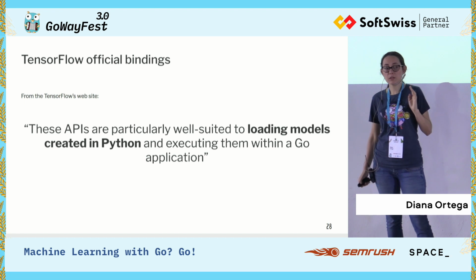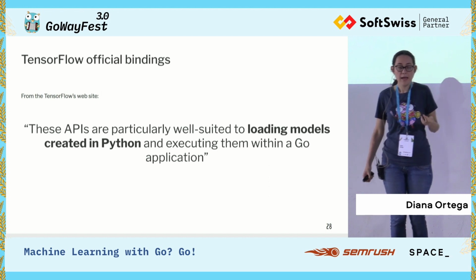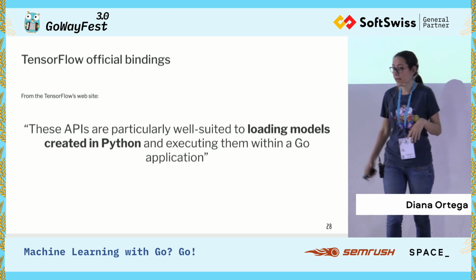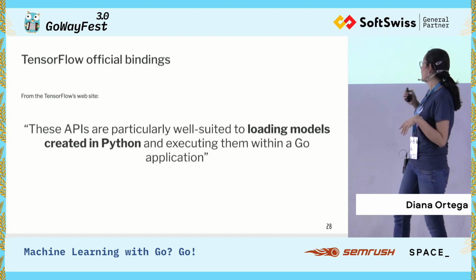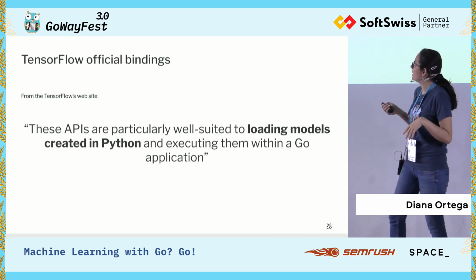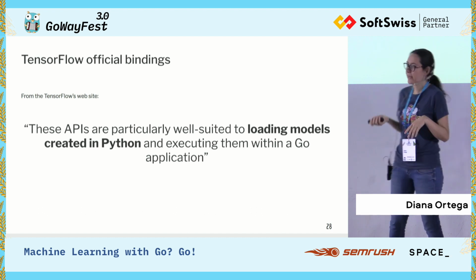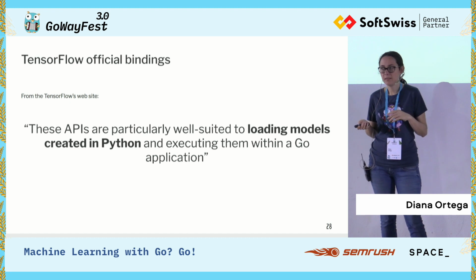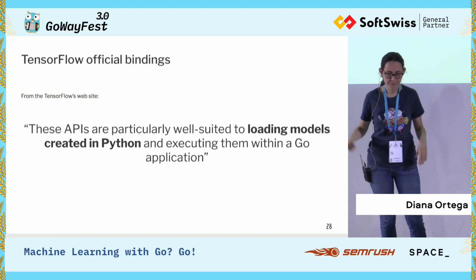When I was looking for the libraries for Go and TensorFlow, you go to the website and you find this disclaimer: these APIs are particularly well suited to load models created in Python and execute them within a Go application. Okay, it's not cool, but I'm a rebel, so I'm going to try.